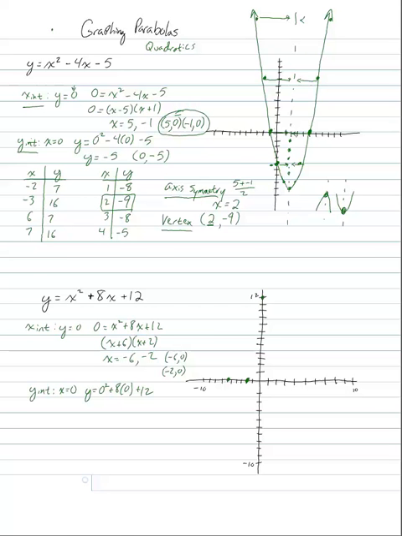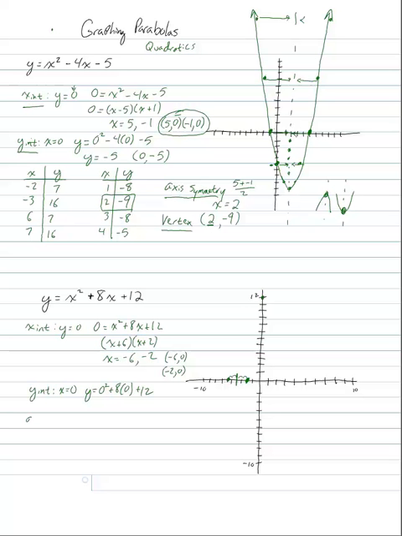So I have those. I could try to plot a bunch more points, or I could just find the midpoint. If I find the midpoint between my x-intercepts, I can just look at it and tell that my midpoint is going to be negative 4. It's the one that's halfway between them. I could average them if I want to.